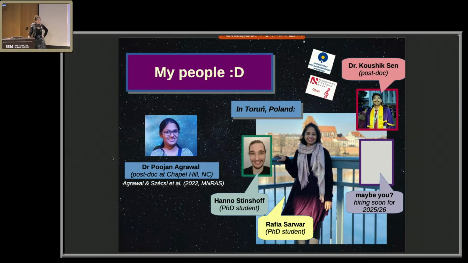A quick question from the point of view of a cool star person. I was once told that when you have something you can't explain, invoke magnetic fields. Do magnetic fields have any role to play in hot star evolution? Oh, that's a good question. I think in these models, magnetic field was not included. I would need to look it up.